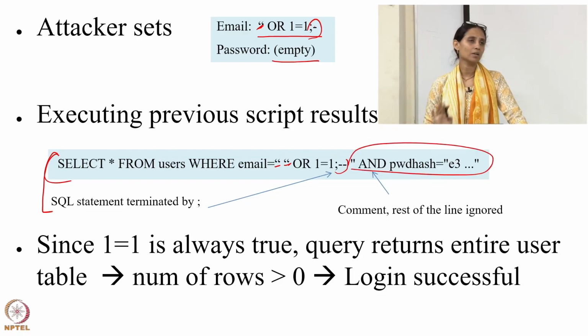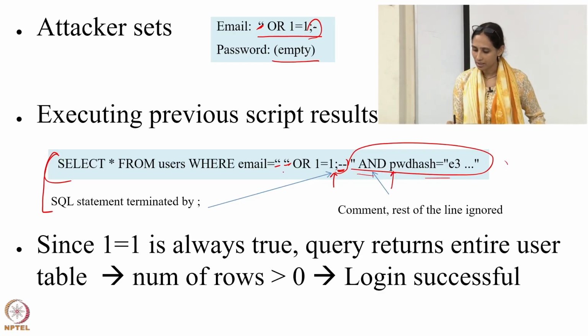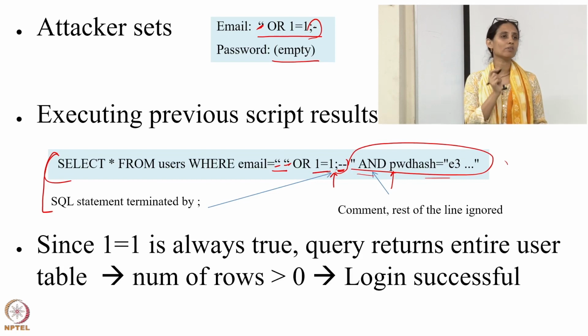You can type a random password there also, it may take a hash of it, but the fact that you did this with this as a comment, the SQL engine will interpret this as a comment, it will terminate all that. And now if you see here, it is saying email is this or 1 is equal to 1, and 1 is equal to 1 will always be true.